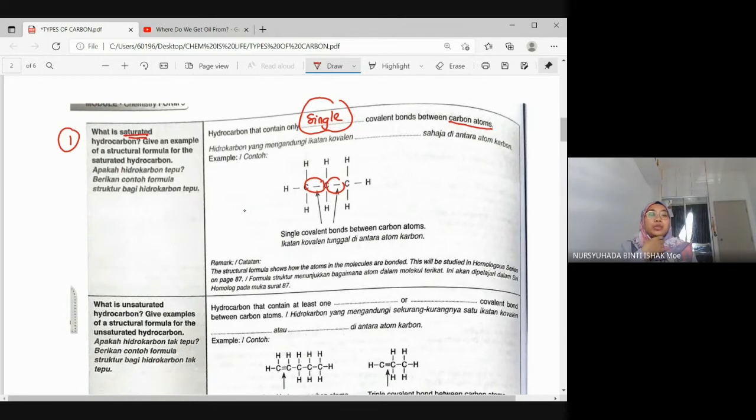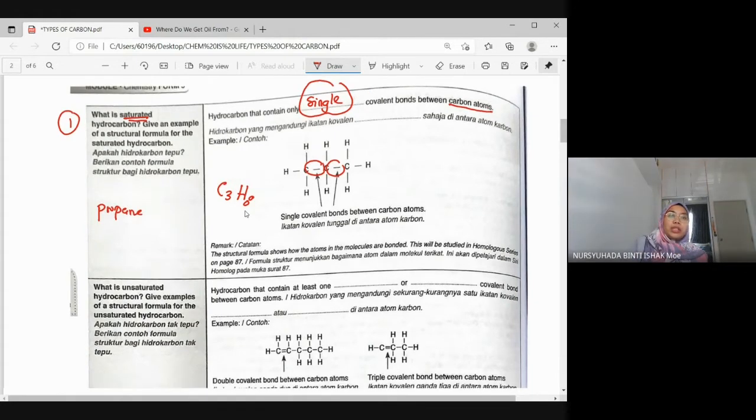C3H8. Tengok ada H8. Yang tuition apa nama dia? C3H8. Cepat. Oh, pandai NG. Propane. Perfect. Propane. Okay. This one is example of saturated.